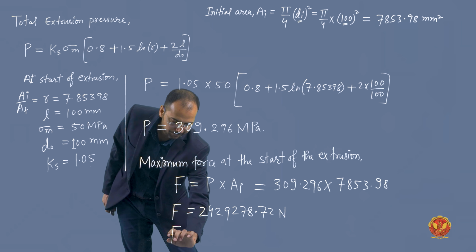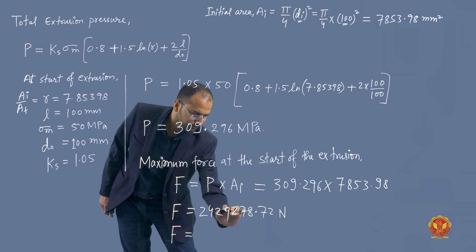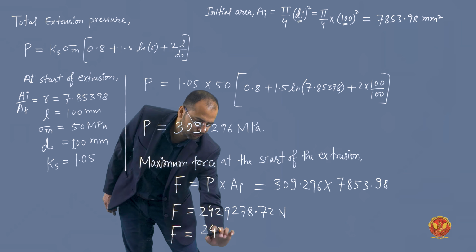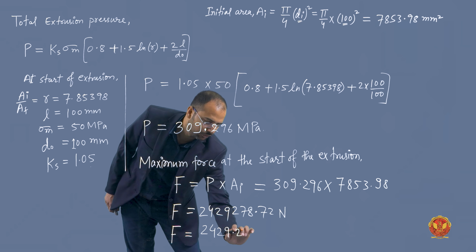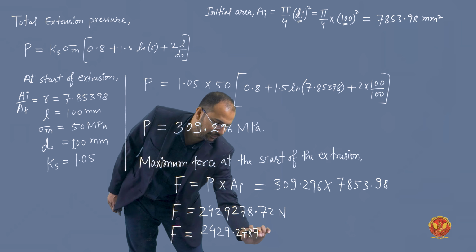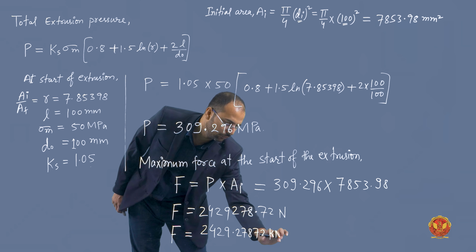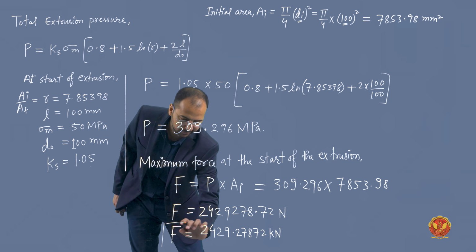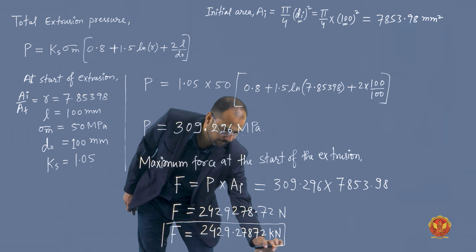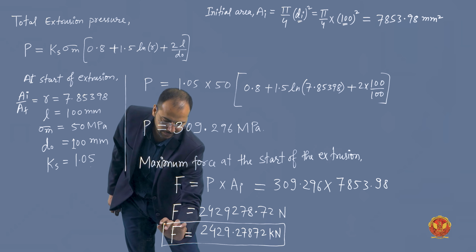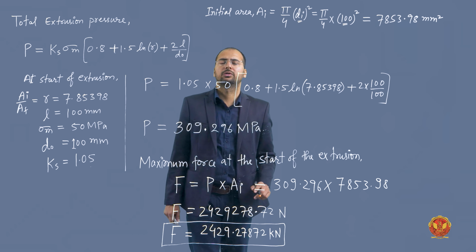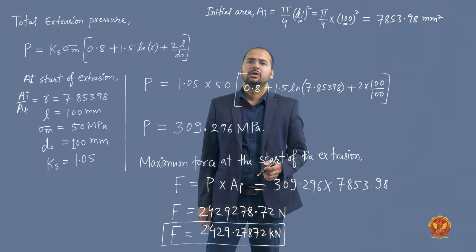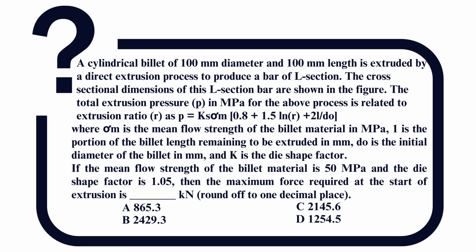So F is equal to 2429.27872 kilonewton. This will be our final answer. So in this question, option B, 2429.3, is the correct answer.